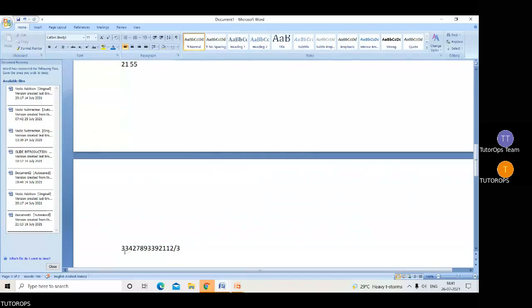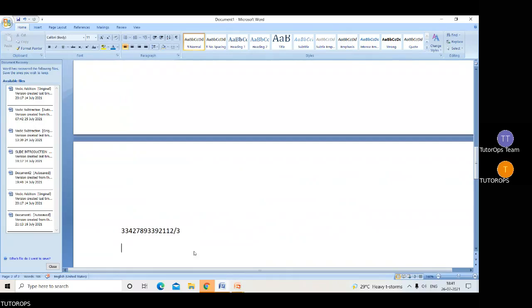How many digits are there? 1, 2, 3, 4, 5, 6, 7, 8, 9, 10, 11, 12, 13, 14 digits here. So I am making the parts as 33 slash 32 slash 78 slash 93 slash 39 slash 21 slash 12, and I will divide each part by 3.